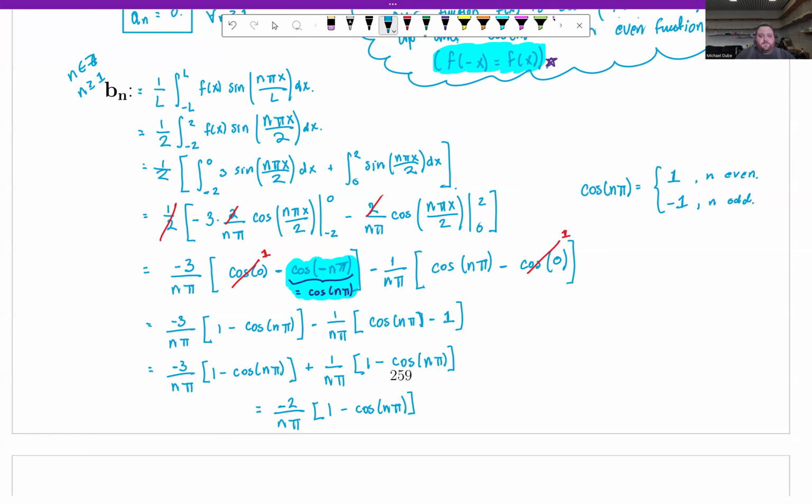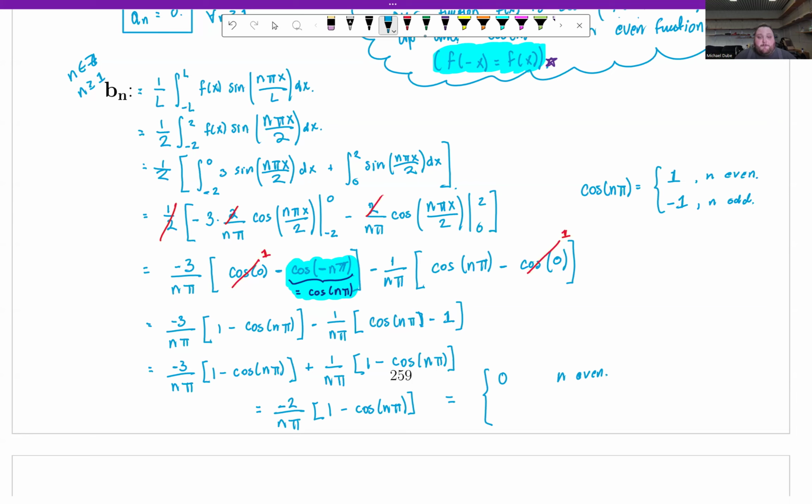Okay, good. So that means we can actually use that to make a piecewise function for this. And so this will be equal to, well, if n is even, then we plug in 1 here. We get 1 minus 1. That's 0, right? So if n is even, it's 0. But if n is odd, then this will be negative 1.